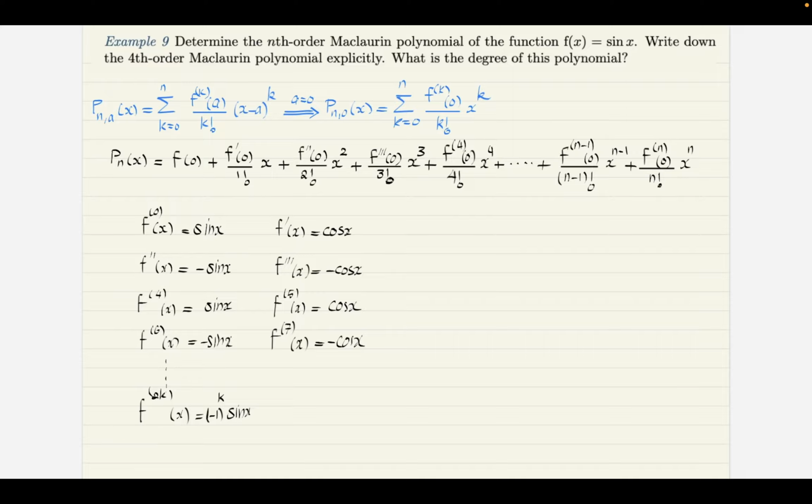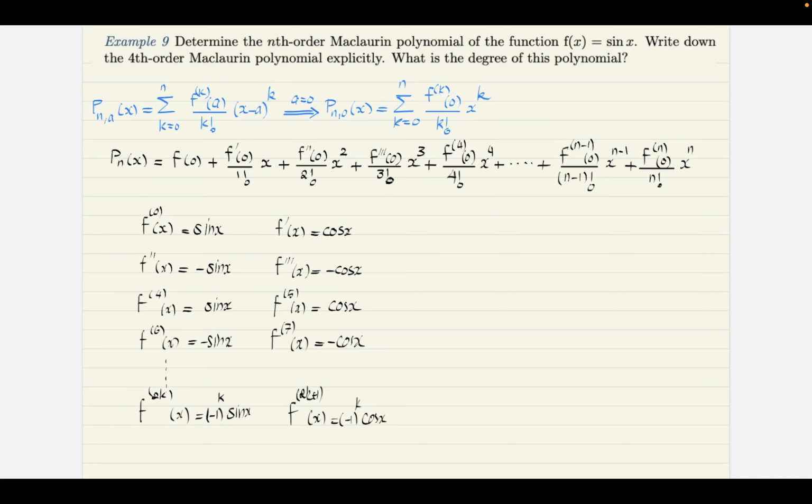And we can do a similar thing here. If I continue, for example, if I have f at an odd number 2k plus 1, then what happens? Either you can guess, or you can differentiate this once more, because this is the next order derivative. So it becomes minus 1 to power k times cosine x.